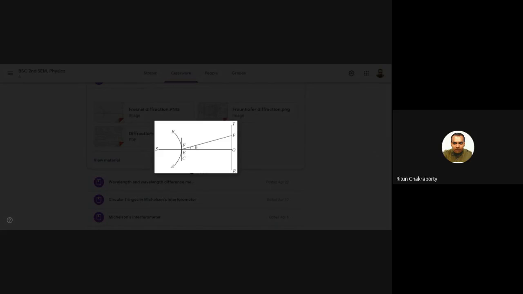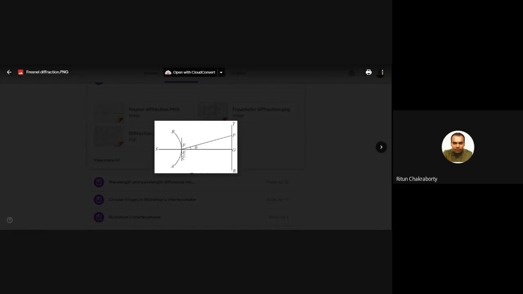If theta is the angle which PE makes with EO, then considering an elementary wavefront at E, the effect is maximum at O as theta is equal to 0.